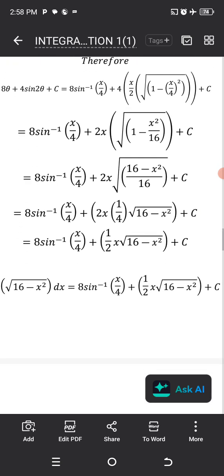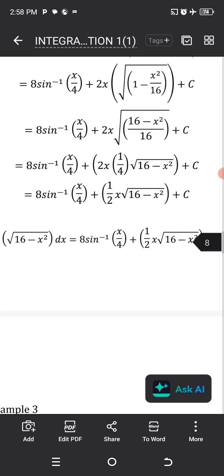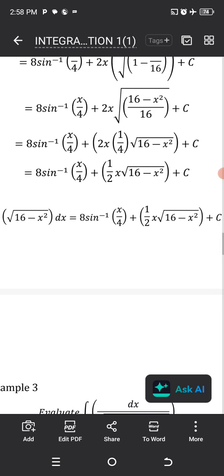So solving the fraction, we have 8 arc sine x over 4 plus 2x square root of 16 minus x squared over 16 plus c. In which we have 8 arc sine x over 4 plus 2x multiplied by 1 over 4 square root of 16 minus x squared plus c. And the final answer is now 8 arc sine x over 4 plus 1 over 2 x square root of 16 minus x squared plus c.